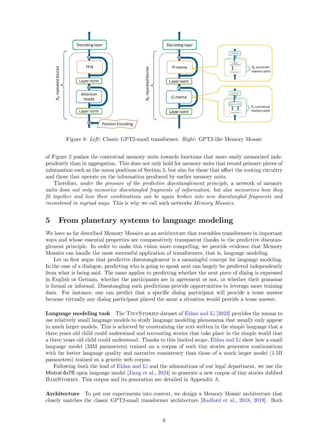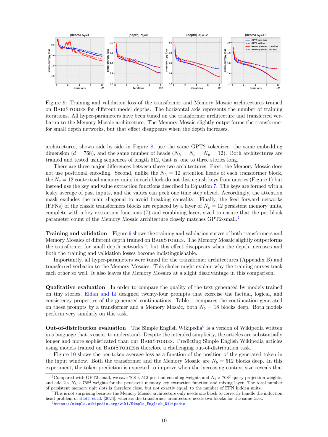The qualitative evaluation of text generated by models trained on tiny stories showed that both the transformer and memory mosaic performed very similarly on tasks that tested factual, logical, and consistency properties of the generated continuations. Additionally, the out-of-distribution evaluation on the simple English Wikipedia articles demonstrated that memory mosaics substantially outperformed transformers after about 50 tokens, indicating superior in-context learning abilities.